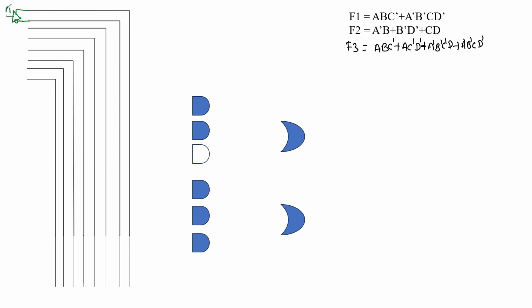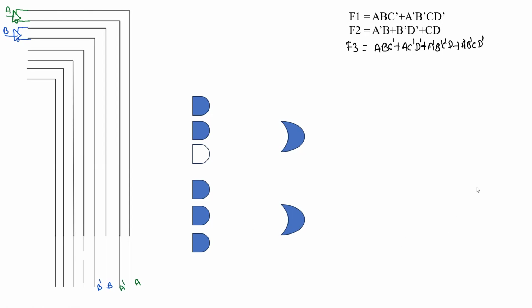So this is going to represent A, and this is going to represent A dash. We have another one, a buffer for B. One is B, another is B dash.